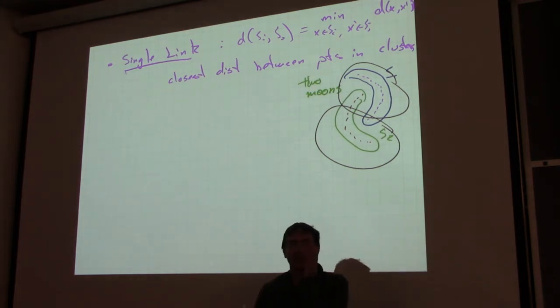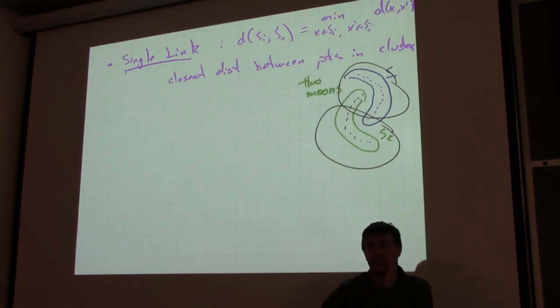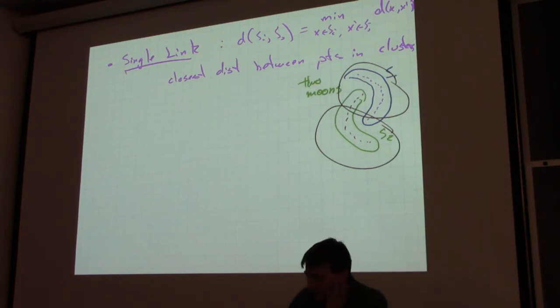How about something else of this variety, without a center, other than looking at the min distance? I guess you could do an average distance. Yeah, right.